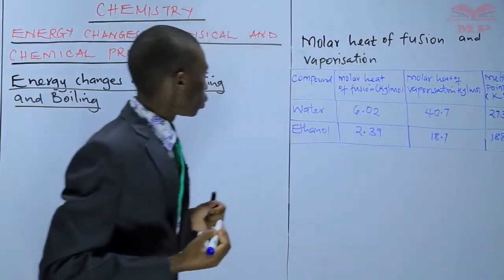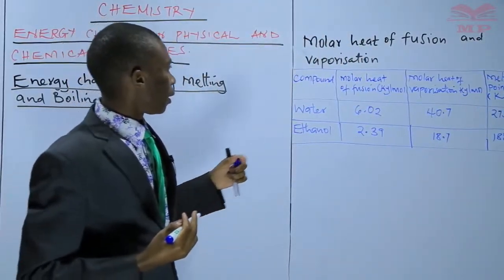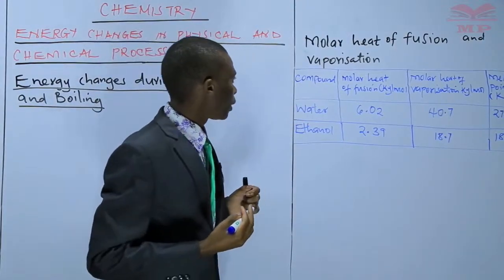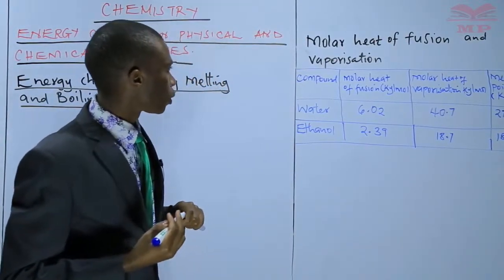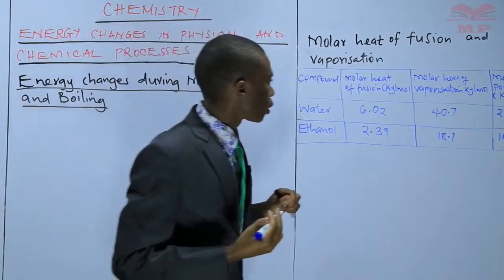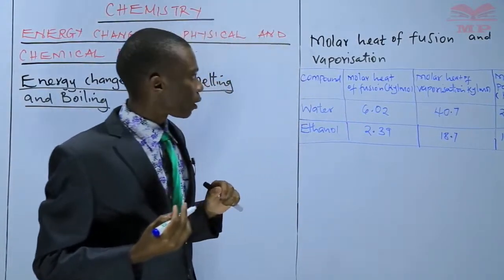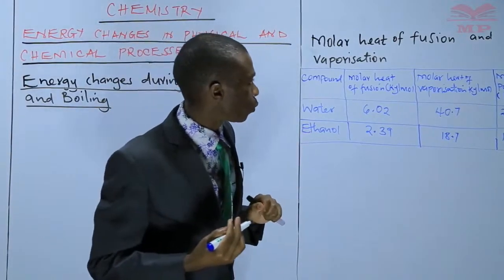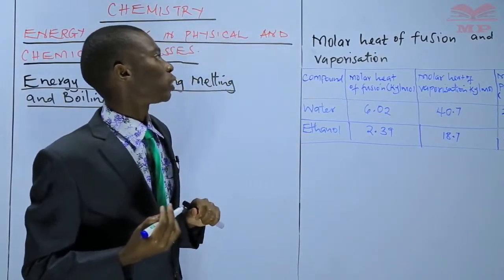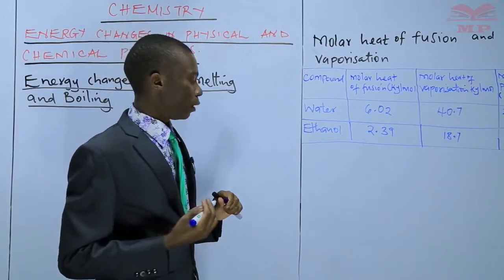The first compound is water. The molar heat of fusion is 6.02. The molar heat of vaporization in kilojoules per mole is 40.7, and the melting point of water is 273 Kelvin.